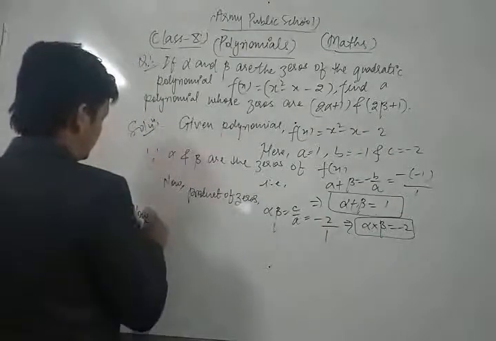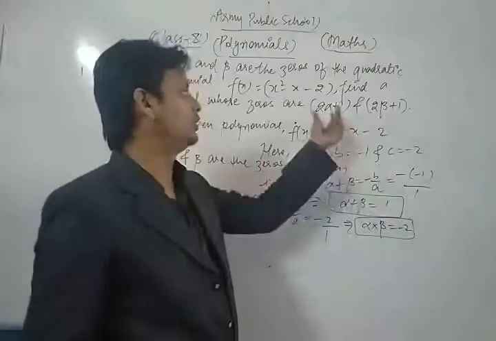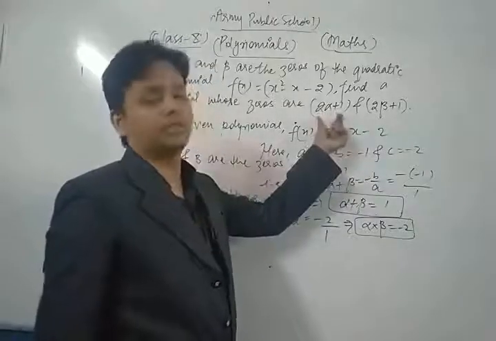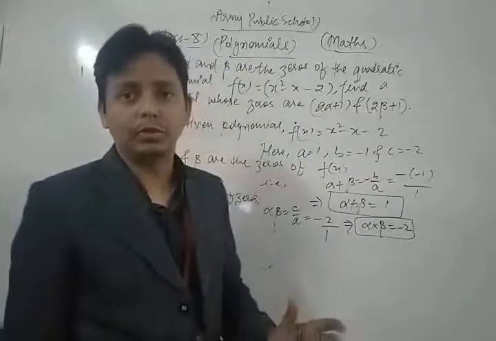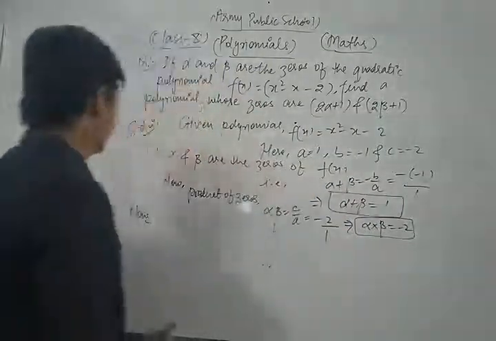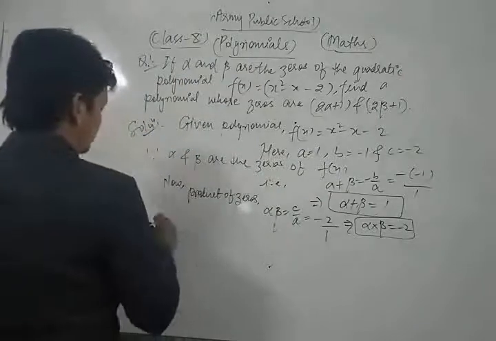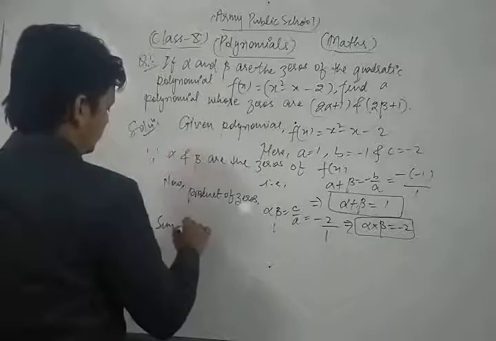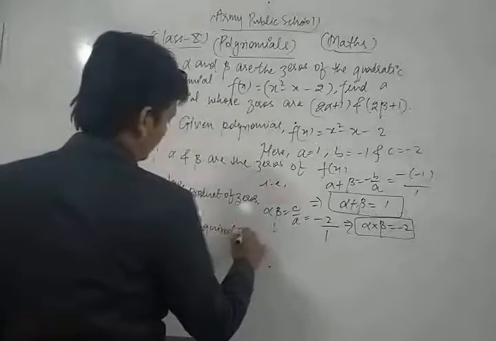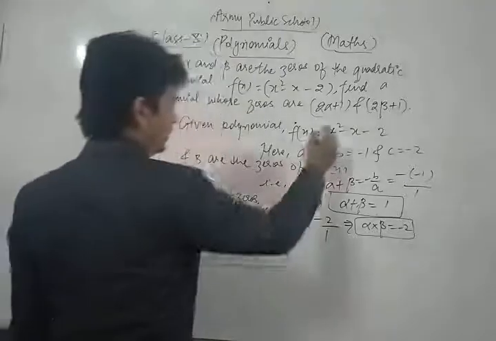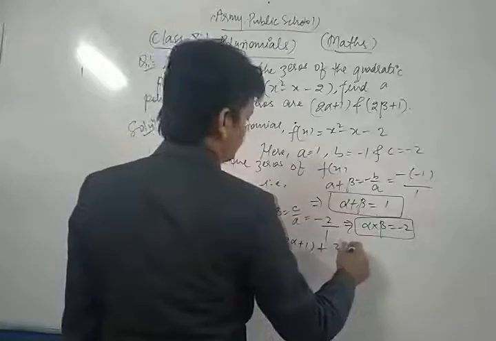Now we find a quadratic polynomial whose zeros are 2 alpha plus 1 and 2 beta plus 1. First, the sum of the required zeros is 2 alpha plus 1 plus 2 beta plus 1.